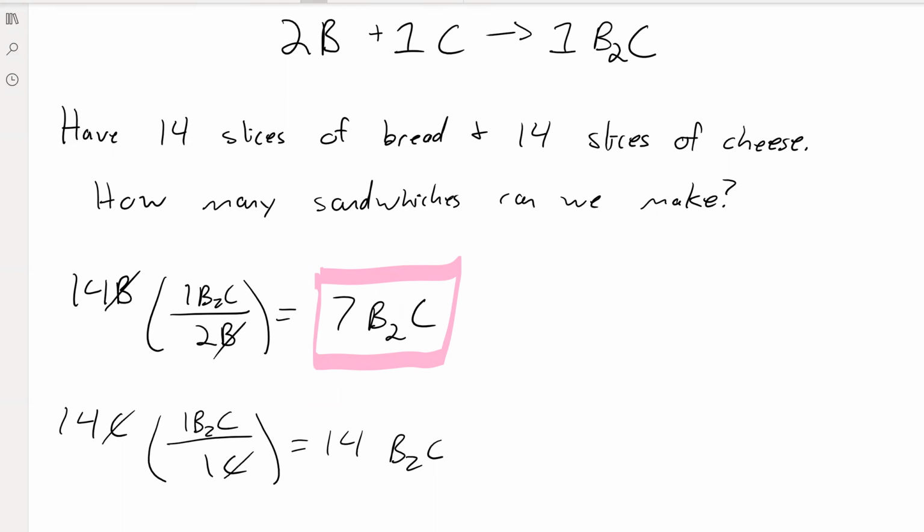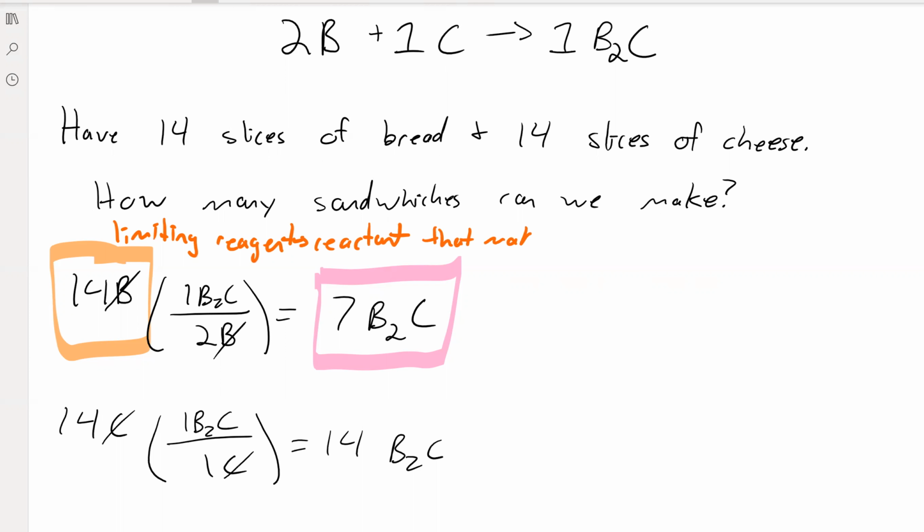And so this bread here is what we call the limiting reagent. It's the reactant that makes the least amount of product.